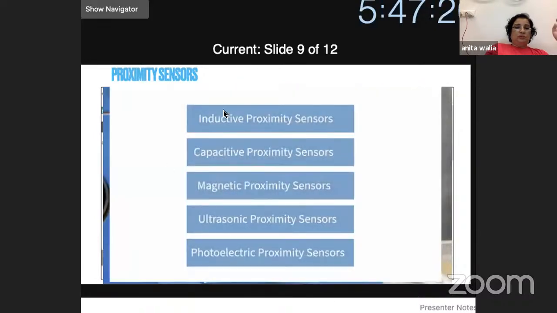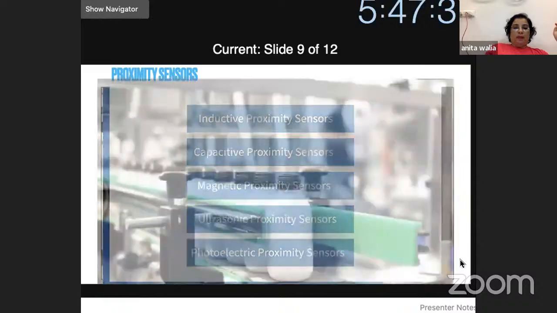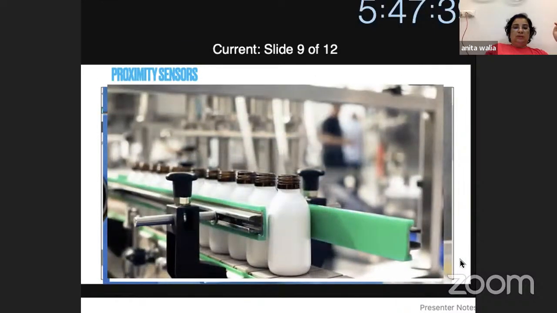So this is what I was telling you, that there are basically 5 kinds of proximity sensors: inductive, capacitive, I'll show you a video on this, magnetic, ultrasonic, and photoelectric. These last 2 are the latest ones, very expensive also. These are basically used in industries, especially bottle manufacturing industries, where you have a tendency of breakage and lot of damage.